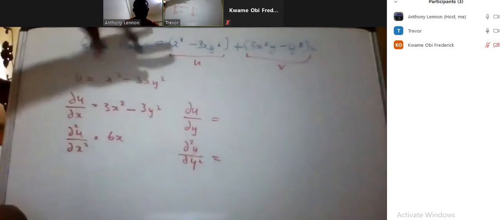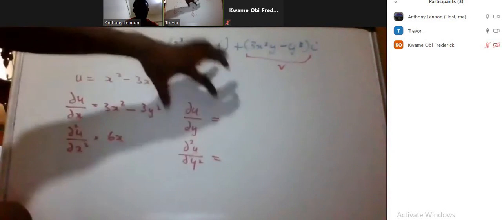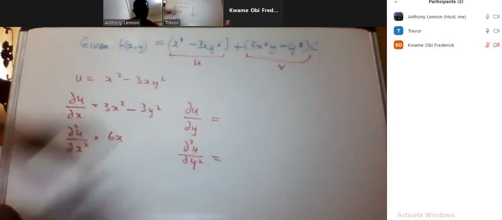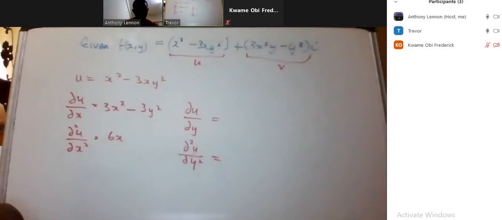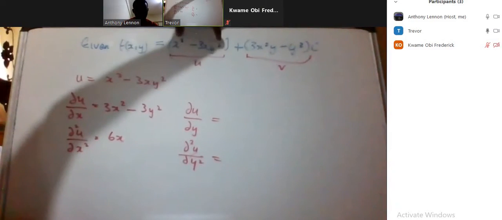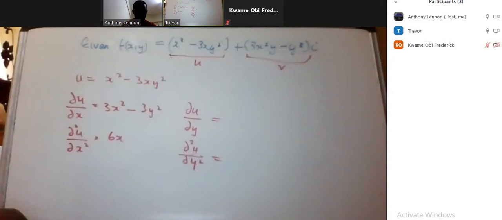When you want to show that it's harmonic, pick u, differentiate it twice, add them, you're good to go. Then pick v, differentiate twice, add them, good to go. Then you want to show that they obey the Cauchy-Riemann equations. If you are given this, you should be able to deduce that. So we're going to do that after.